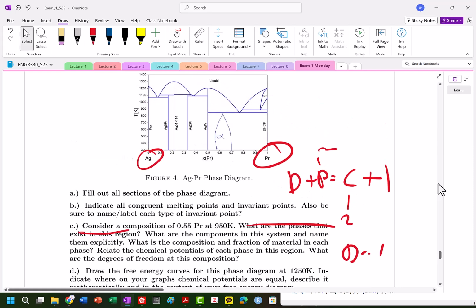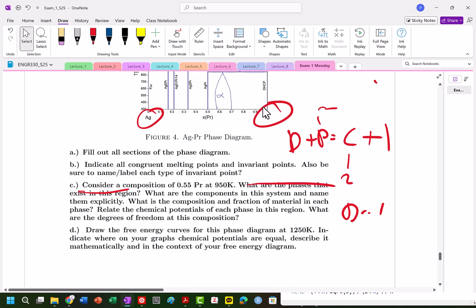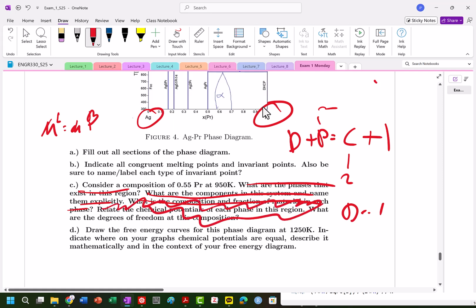So we can only change temperature or composition, and we can move through here. Did that. What is the composition and fraction of each material? Did that. Relate the chemical potential of each phase in this region. If we're in a two-phase region, the chemical potential of liquid must be equal to the chemical potential of beta. Excellent. And then we did degrees of freedom.